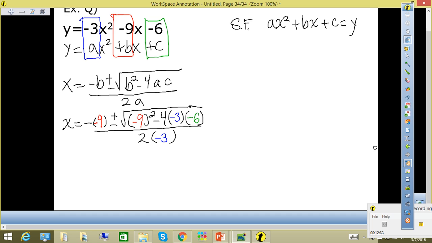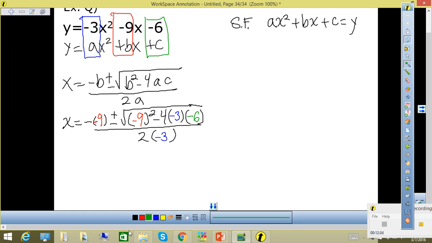So let's simplify that equation. We got x equals. What is negative times a negative? So that's a +9 plus or minus the square root. What is -9 squared? That means -9 times -9. 81.